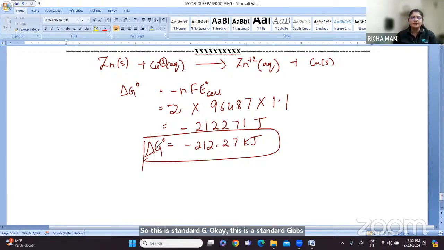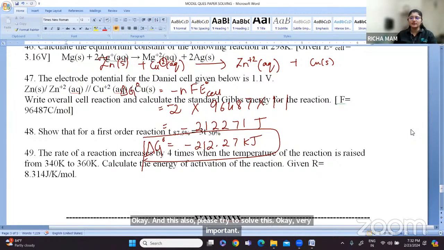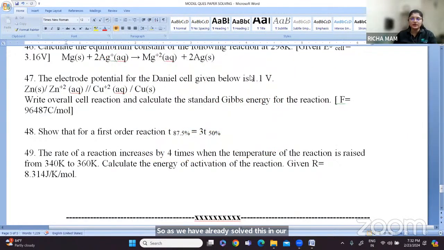Are you getting the same? Okay, others also, please try to solve this. Very important. We have already solved this in our sessions when we were discussing the particular chapters, but also try to answer it yourself.